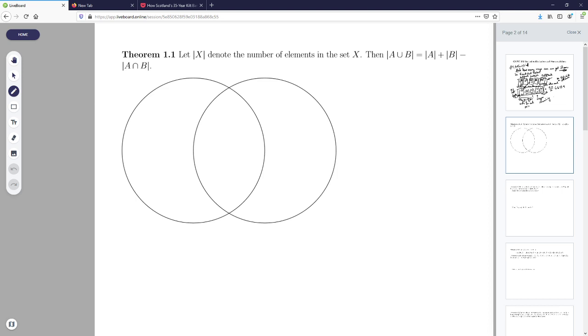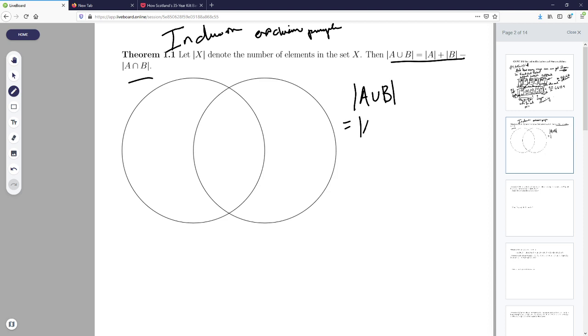So let's talk about the inclusion-exclusion principle. The formula that I'm going to give right here, sometimes you'll hear this called the double union formula.